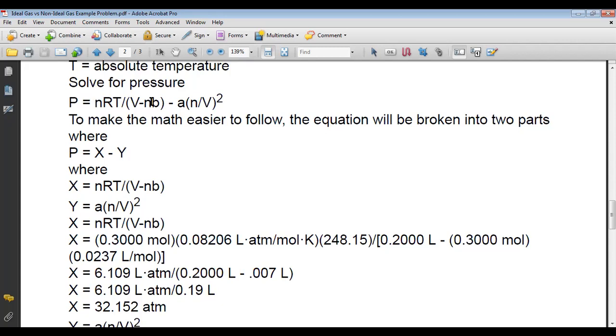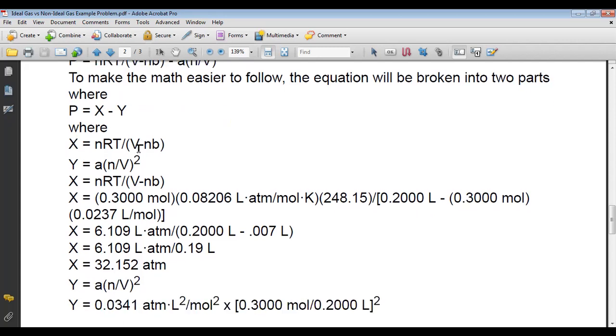So let's suppose this is part x, and this is y, so pressure will be equal to x minus y. First I'm going to calculate this one, then I will be calculating this value, and later on we will subtract this minus this to have an easier way to calculate the pressure.